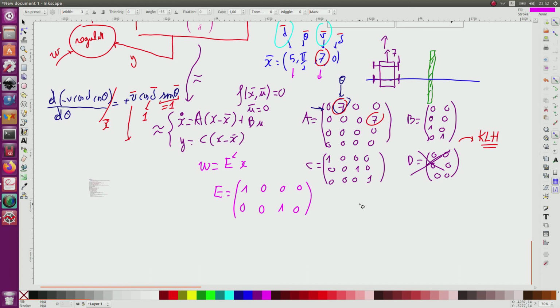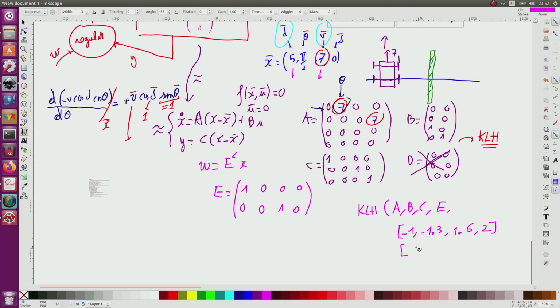That's why for KLH I have to give to this control method A, B, and C. I will add E and also the poles. So I have to choose the poles for the control and the poles for the observation. I will take them between -2 and 0, so I can take, for instance, -1, -0.3, not in the same place, -0.6, -2, like this.